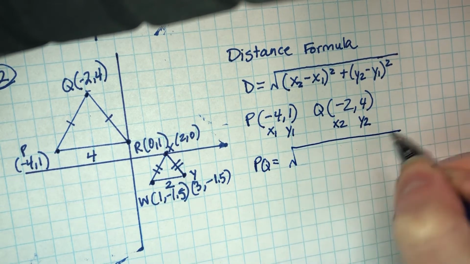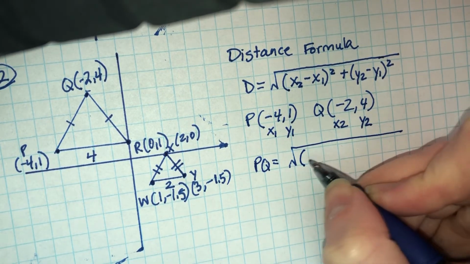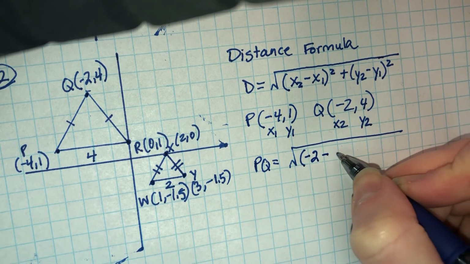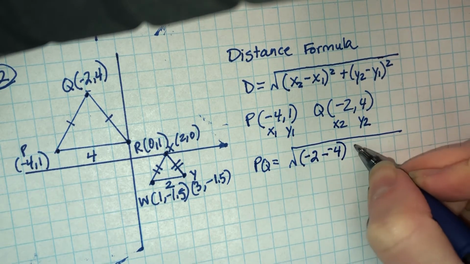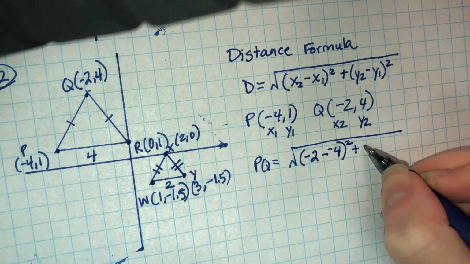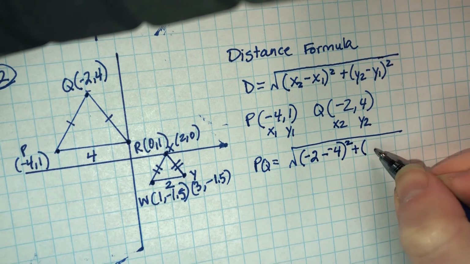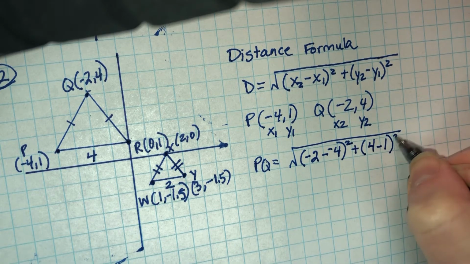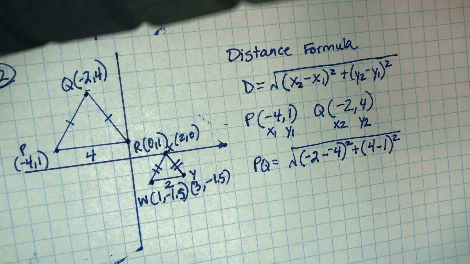So PQ is going to equal x2, which is -2, minus x1, which is -4, squared, plus new parentheses, y2, which is 4, minus y1, which is 1, close parentheses squared. And we're going to type this in the calculator.